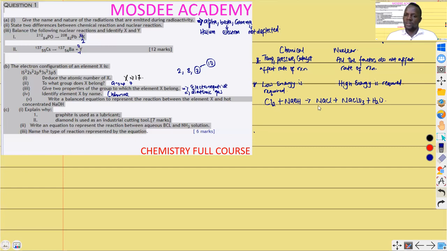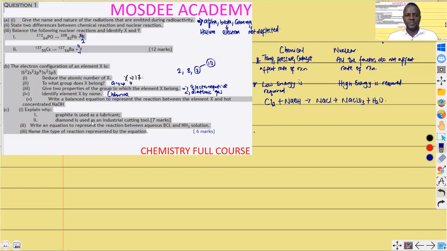To complete 6 here, we make this one 5. Then 5, and this will give us 6 oxygen. This should be 3 because hydrogen is now 6. So 3 times 2 should give me 6. And I think this should be balanced. Yes, it is balanced. Very good. Thank you.